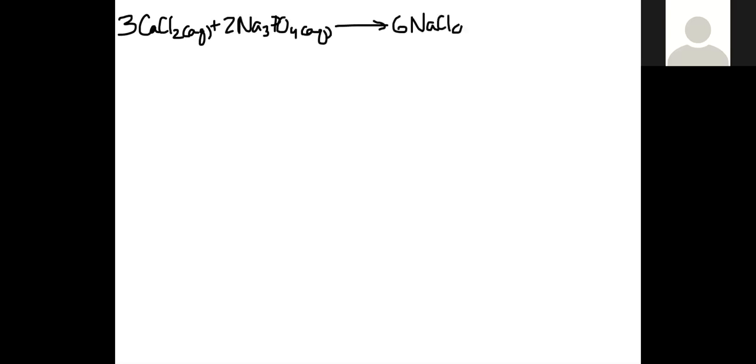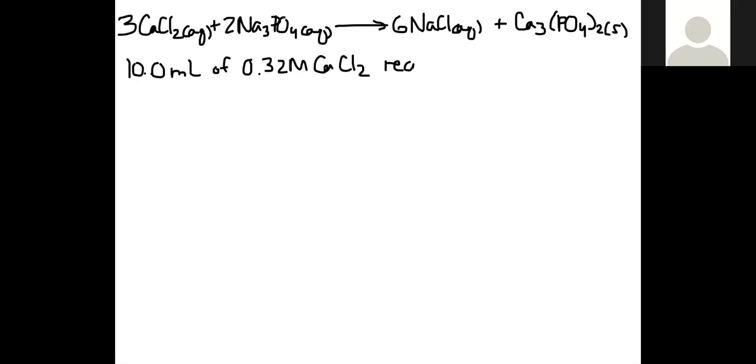I'm going to use the same reaction. 10.0 mils of 0.32 molar CaCl2 reacts with 19.0 mils of 0.18 molar Na3PO4.